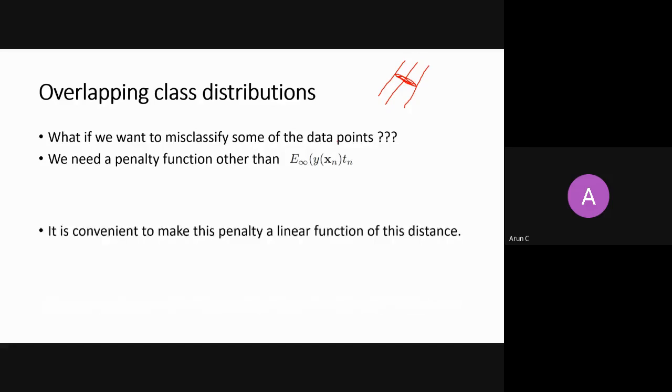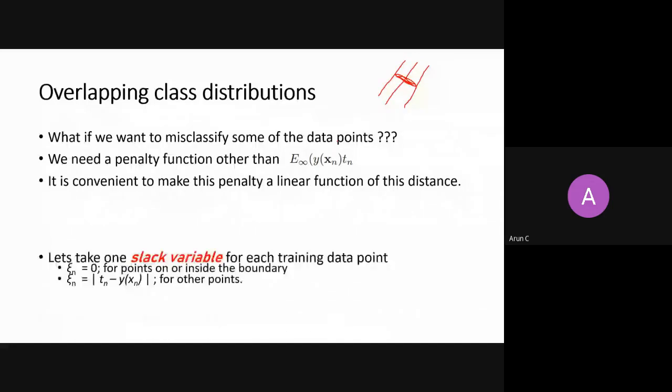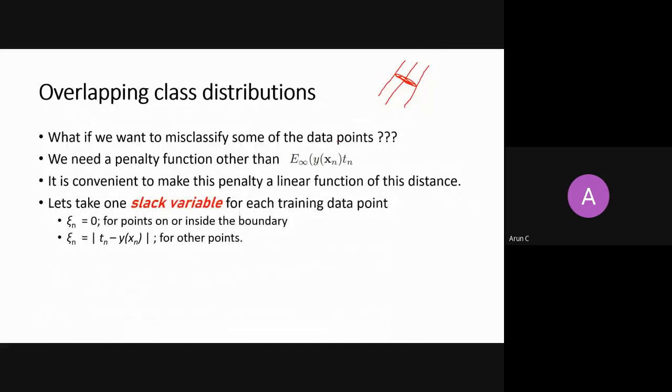So what is the thing? If you are not that strict, then you are saying I'm actually okay to get some points here. So let's say this is a cross, this is a dot class. You remember the condition y_n t_n should be greater than or equal to 1.